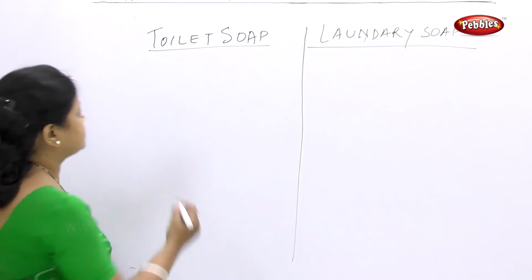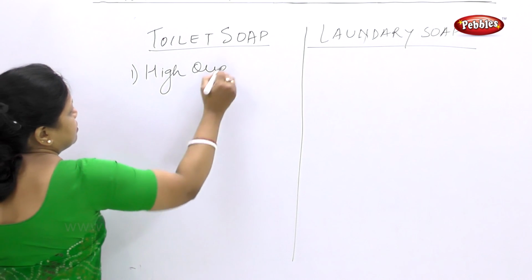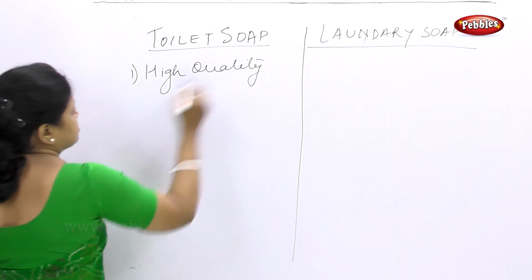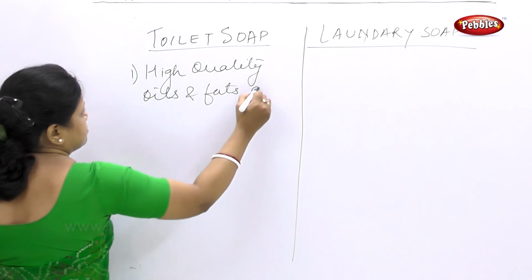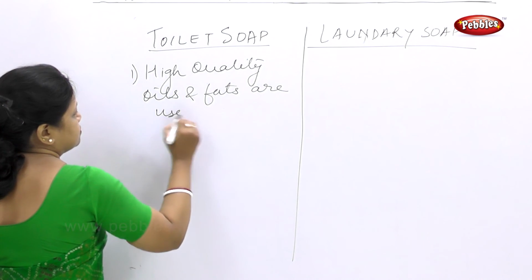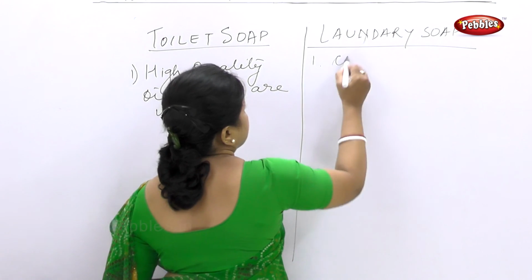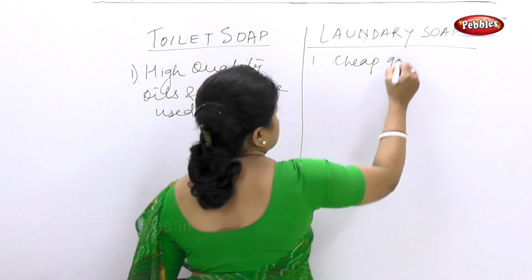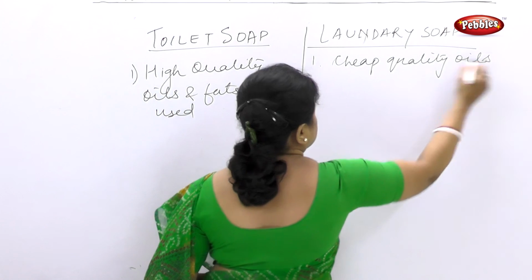So first point is high quality oils and fats are used. And comparatively, laundry will have cheap quality oils and fats.